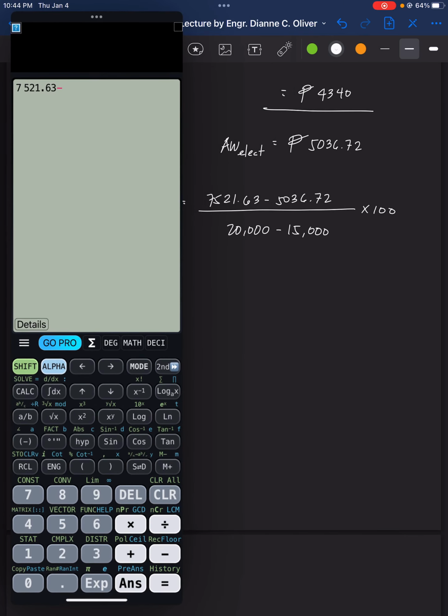So the answer over 20,000 minus 15,000, that is 49.7%.